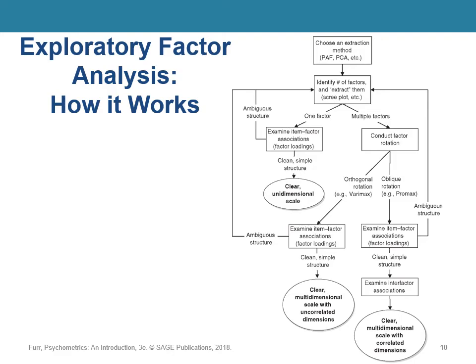Now once we get to the point of the extraction and we choose a method, we're going to look at trying to identify the factors that are involved. So when identifying those different types of factors that we're going to extract, that second step is taking the number of factors within our set of items and using statistical software like SPSS to pull those items or factors out.